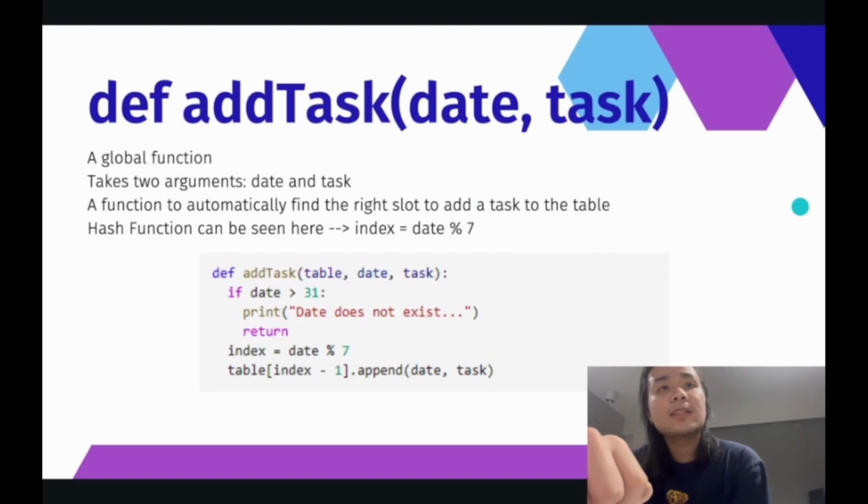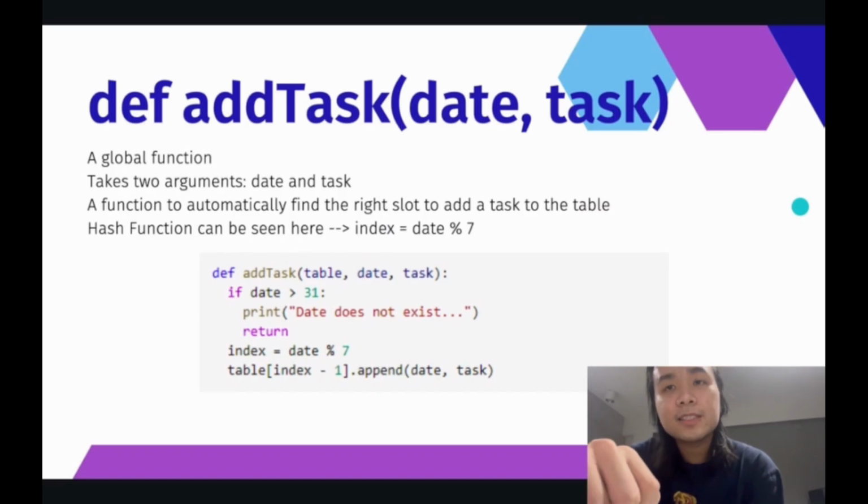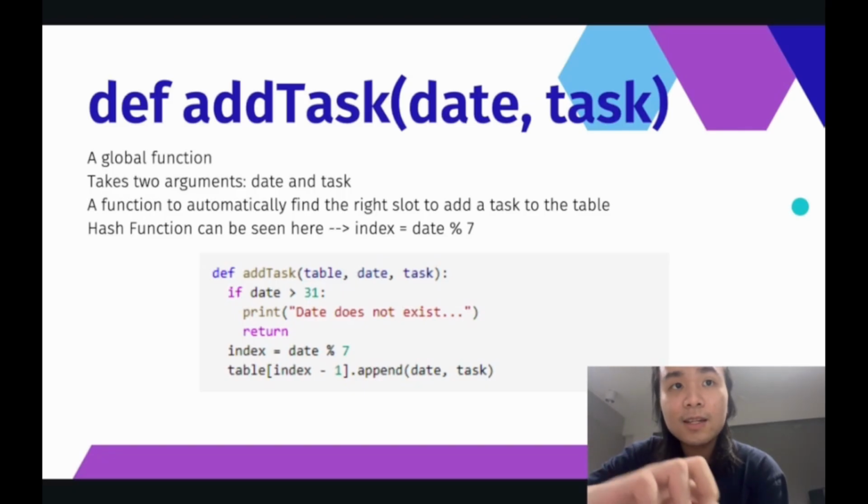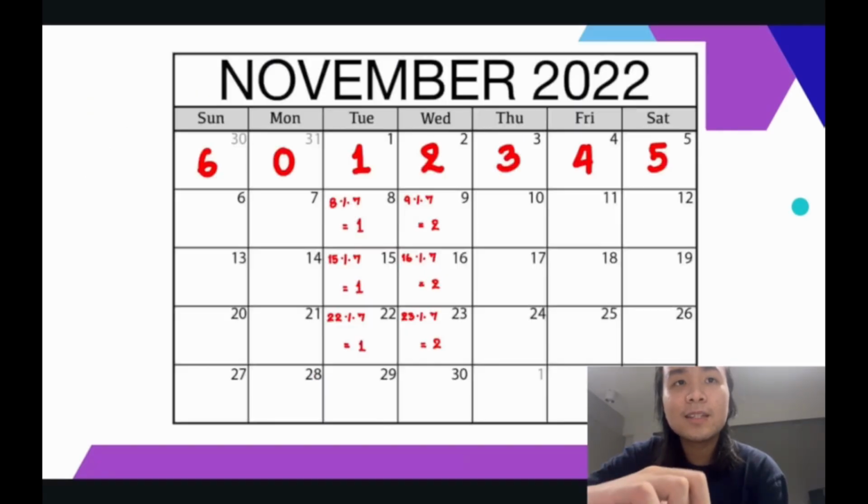And the next one is add task function. So this function is used to find the right slot to add a task to the table, and we use hash function. So we created a variable called index and set the index equal to date modulus 7. The reason why we have to use date modulus 7 is to find a day in a week.